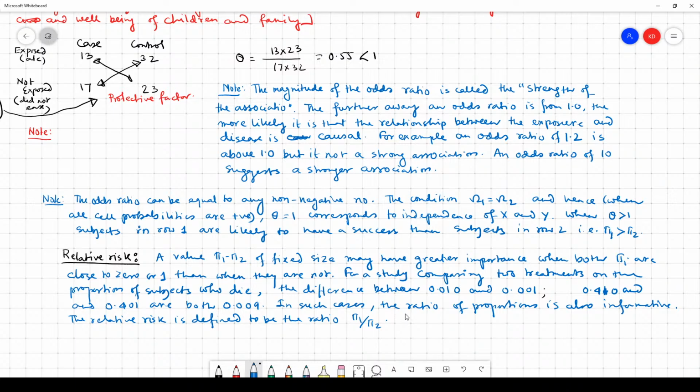It can be any non-negative real number. A relative risk of 1 corresponds to independence.